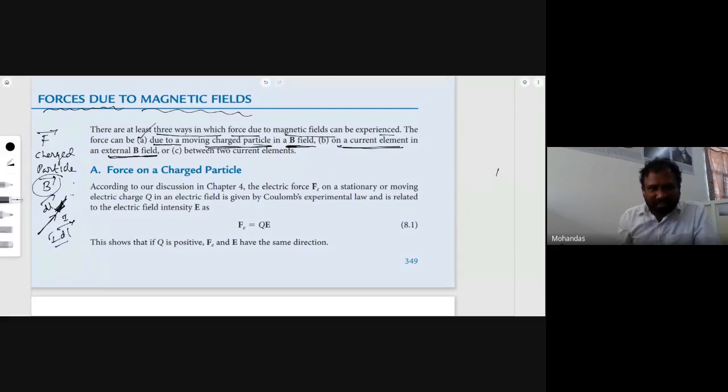If this differential current element is placed in a particular magnetic field, then how much force is exerted on this conductor? Those are the things we are going to calculate.